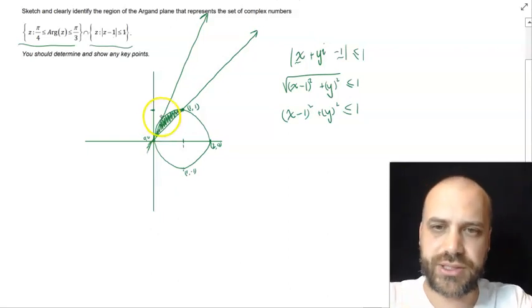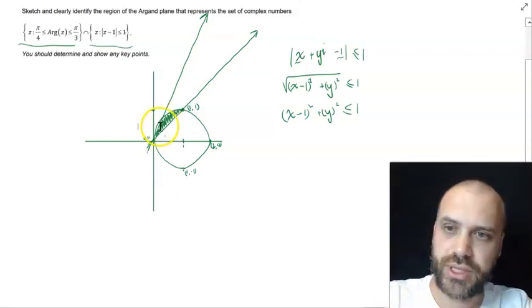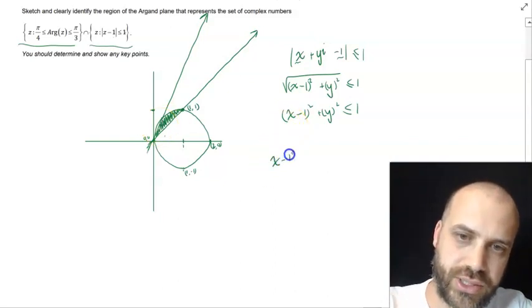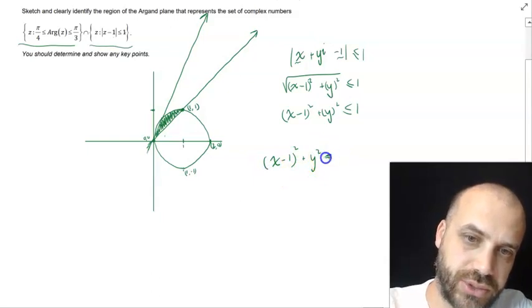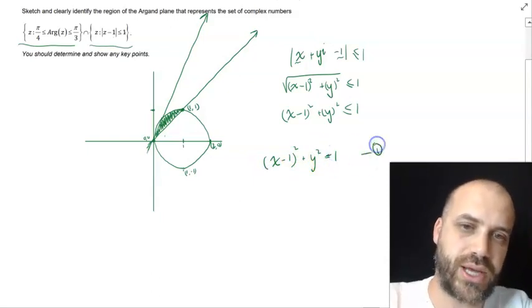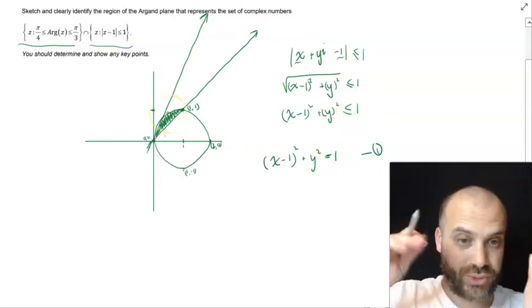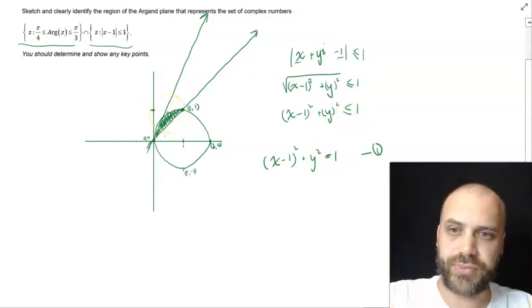So we're trying to find the intersection of two equations. The equations are the circle, so (x - 1)^2 + y^2 = 1. That's going to be our equation 1. I'm not worrying about the less than because we want to find the intersection on the actual outline of the circle.